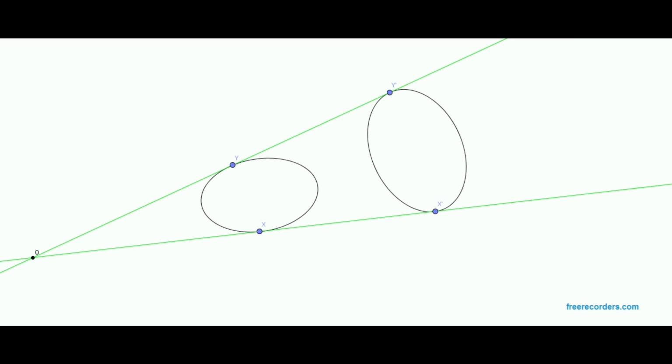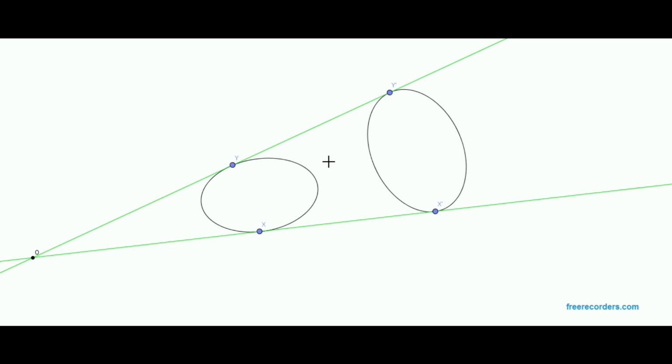So our method then to find the, if you like, the common chord, or the line on which these two ellipses have common imaginary points, is going to be to construct a homology which sends one of these ellipses to the other. And this homology is going to have this special point O, and it's going to have a special line equal to the line we're looking for.